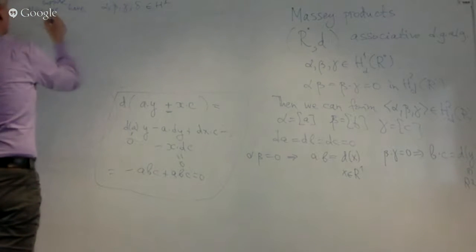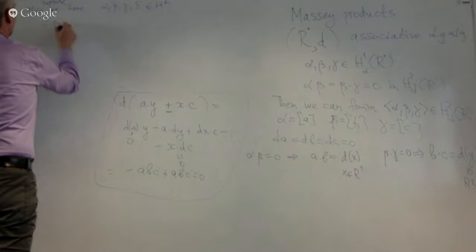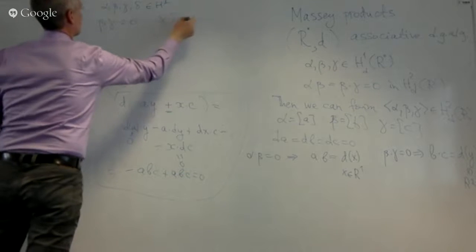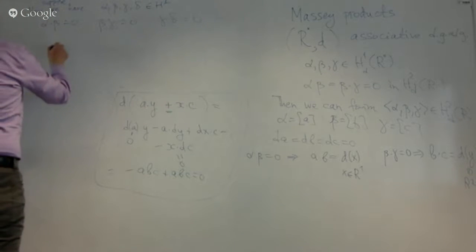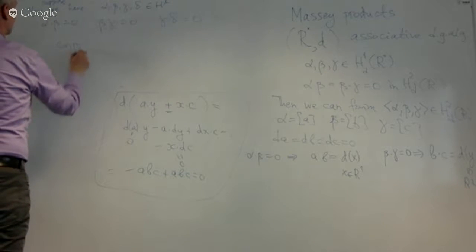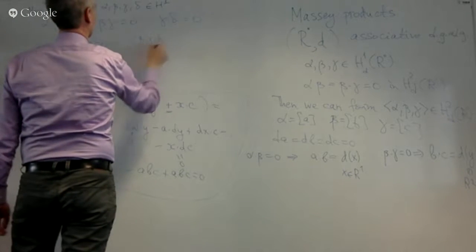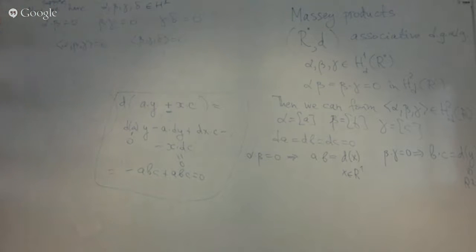Suppose that alpha beta equals 0, beta gamma equals 0, gamma delta equals 0. And suppose the product alpha beta gamma equals 0, and beta gamma delta equals 0. And you don't need the others. So it works like this.